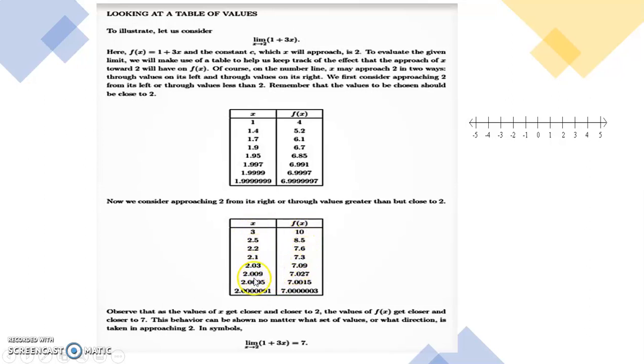As we can see, if we approach 2 from its right, the value of f of x is approaching 7. So let us compare: both are approaching 7. From that, we can say that the limit of the quantity 1 plus 3x as x approaches 2 is 7.